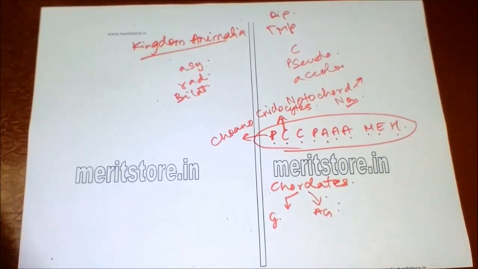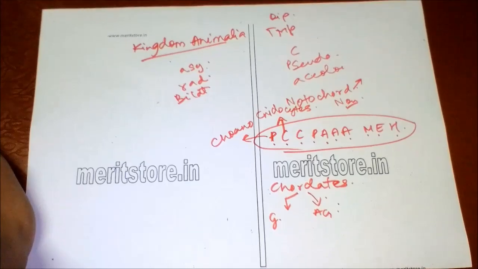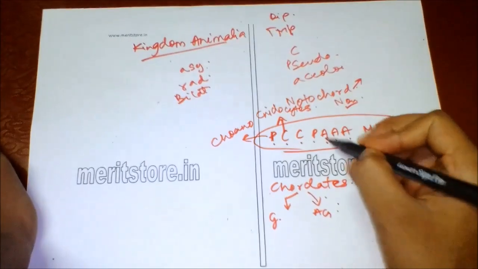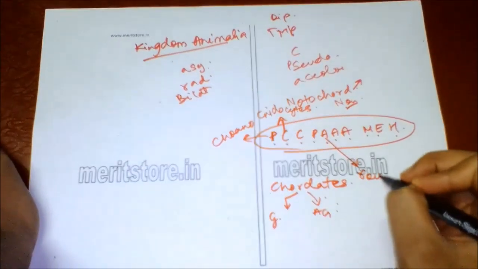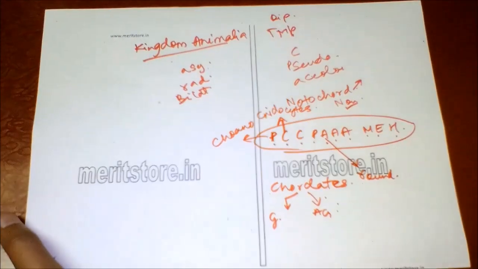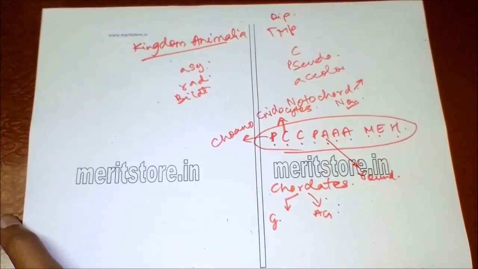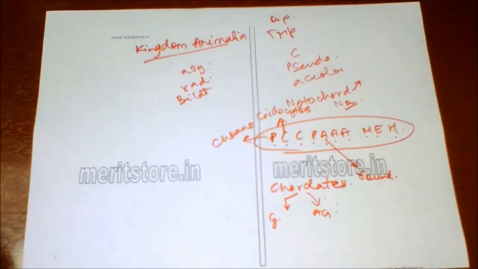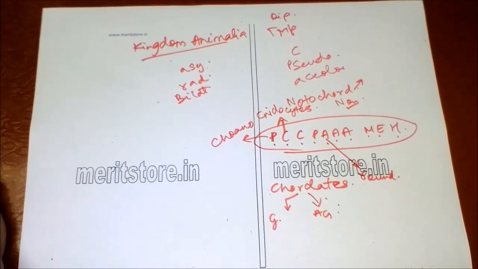Then comes Aschelminthes, which are also known as roundworms. You should know the examples, along with what other name they are known by. Roundworms are triploblastic and dioecious. Sexes are separate, males and females are distinguished, so they are dioecious. The examples are Ascaris, Wuchereria and Ancylostoma. Then comes Annelida, which includes earthworm. They show metamerism, or are metamerically segmented animals.